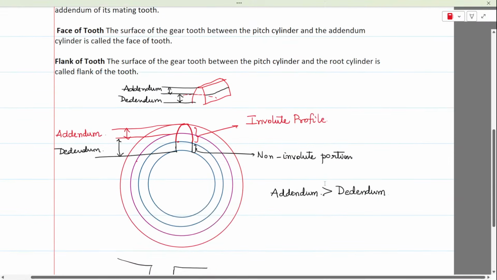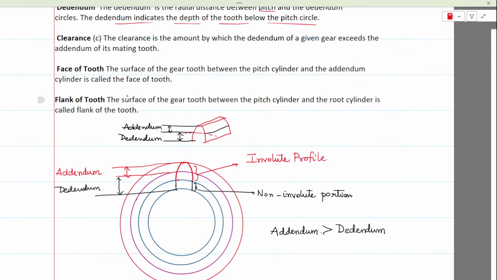Okay. Next is face and flank of the teeth. I have mentioned that the surface of the gear tooth above the pitch circle, between the pitch circle and the addendum, is called face. And next, the surface of the gear tooth between the pitch cylinder and the root cylinder is called flank. The green color is to indicate flank. Please remember these two parameters, as they will play a very important role when we talk about interference.